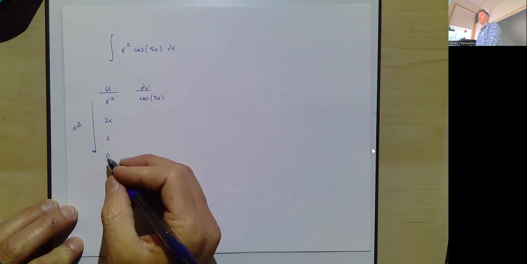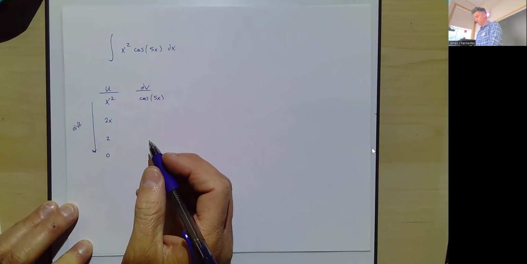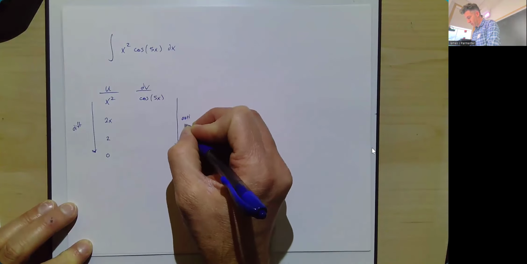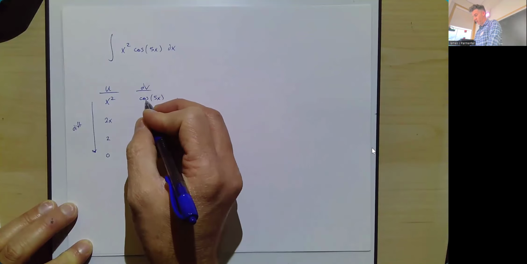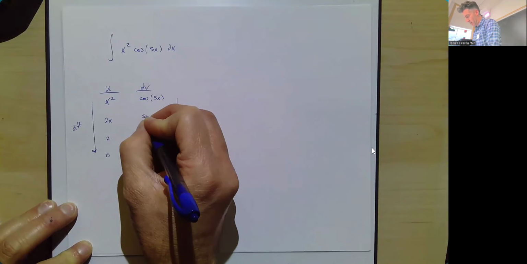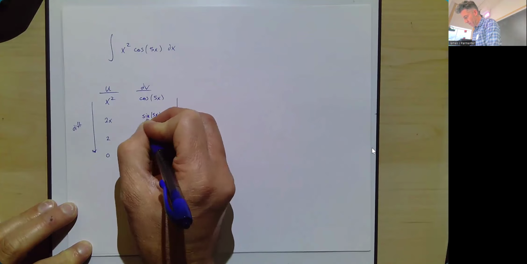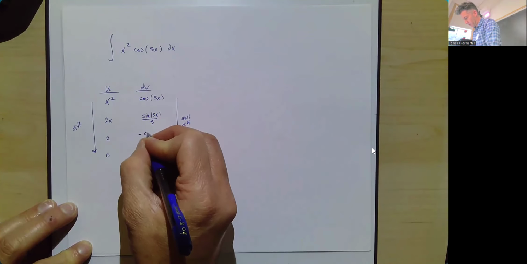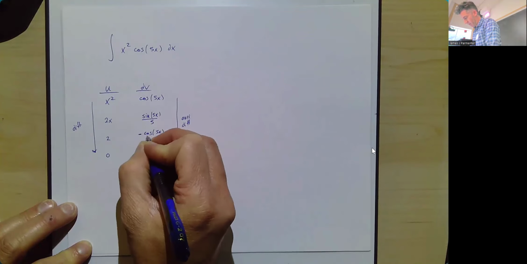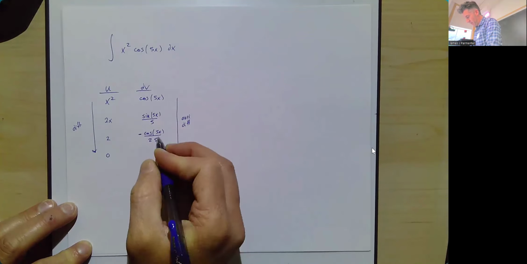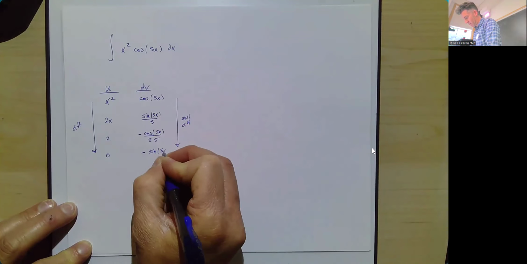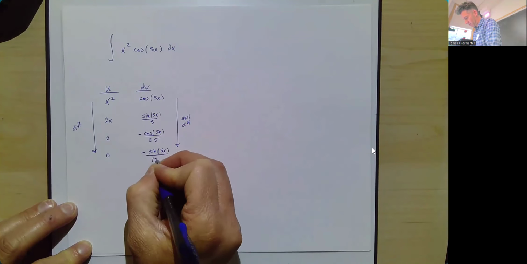We do need the 0 there to make sure we have the right number of rows. On the dv side, we anti-differentiate. The antiderivative of cosine of 5x is sine of 5x divided by 5. The antiderivative of sine of 5x is negative cosine of 5x divided by 5 twice. And the antiderivative of negative cosine of 5x is negative sine of 5x divided by 5 three times.